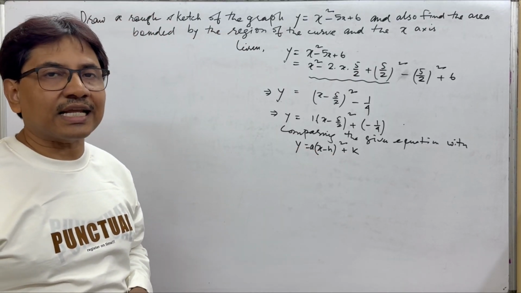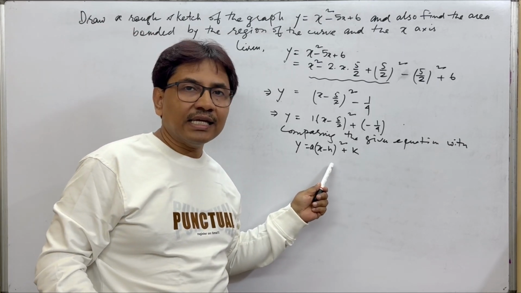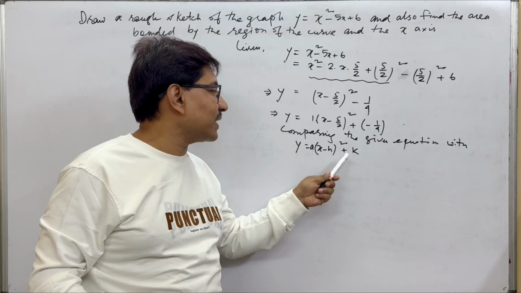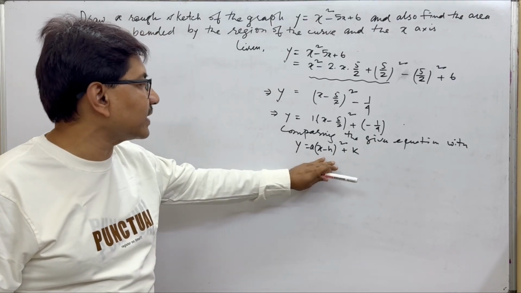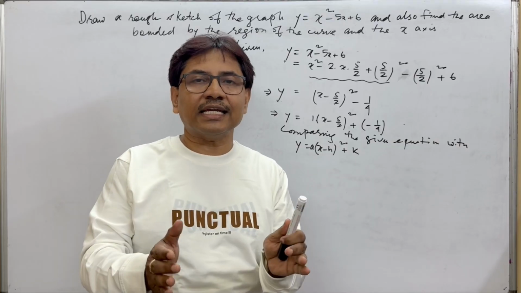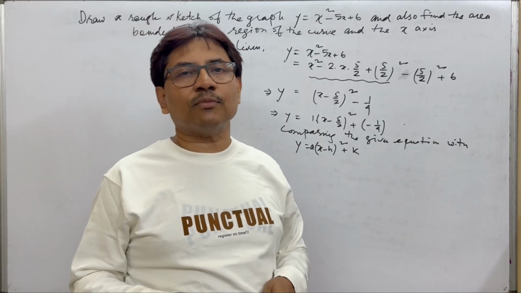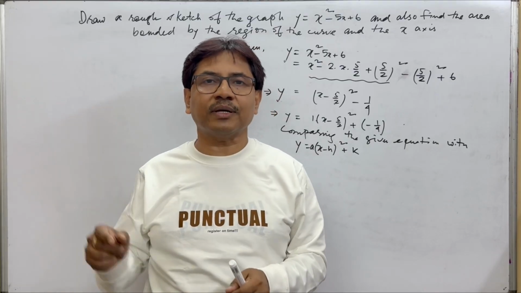What is this here? A is nothing but the coefficient of the x minus h whole square term. What are h and k? H comma k is the vertex. So what is the vertex of a parabola? Vertex of the parabola is nothing but the turning point of the parabola.